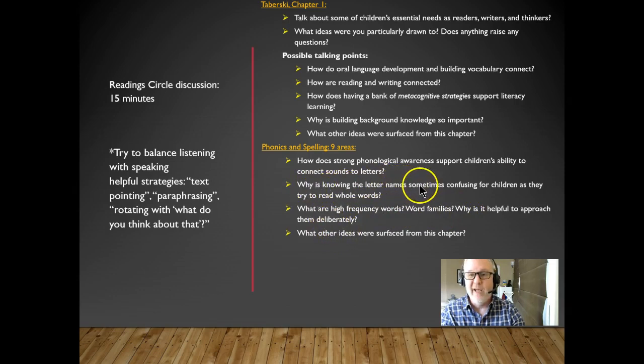Why is knowing the letter names sometimes confusing? If you think about that, when you sing the alphabet song, you get to LMNOP, and many children will think that LMNO is one letter, for example. Or they might think that a C usually makes an S sound, and it sometimes does, but not very frequently. So be thinking about that, and supports for phonologic awareness.